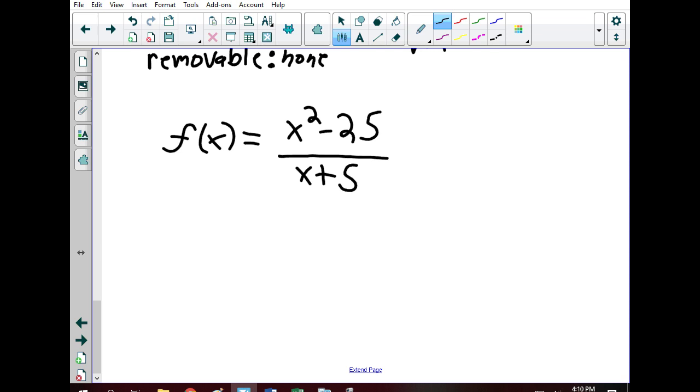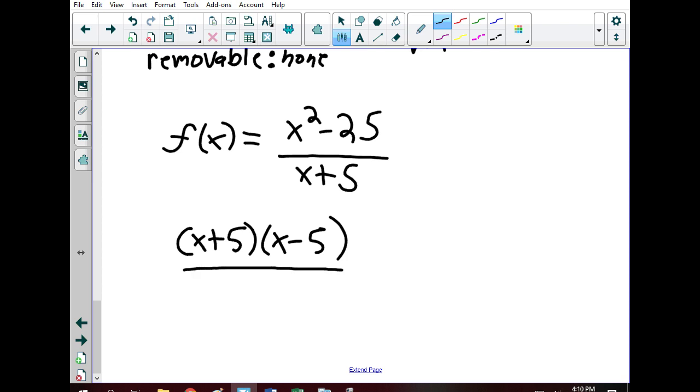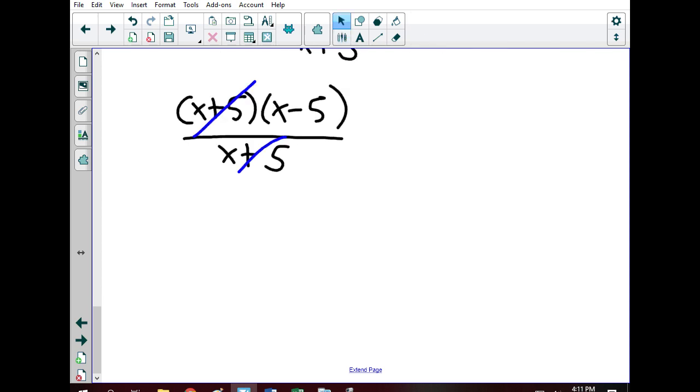Okay, so I'll factor my numerator. This will be x plus 5 times x minus 5. My denominator, I can't do anything to it. It stays as x plus 5. And then as you can see, the x plus 5 is going to cancel, which is making x equals negative 5 removable.